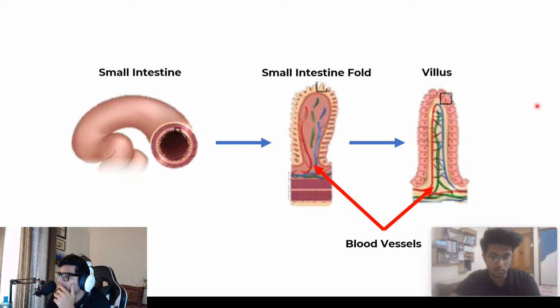You can see it has finger-like outgrowths. That's the inner side of the wall. These are known as villi, or individually we can call them a villus. The whole thing is known as villi, and individually one part is known as a villus. And they increase the surface area for absorption of digested food. It helps with the absorption of the digested food.